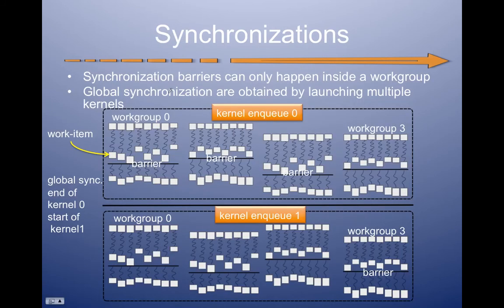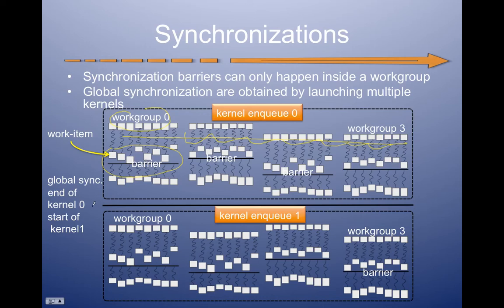For synchronization in the execution model, you can have a barrier, but only inside a work group. You cannot have a global barrier. There is no mechanism inside the GPU to synchronize all the threads, and one of the reasons it has been done this way is that it's a huge chip, and it would be very, very costly to implement such a barrier.